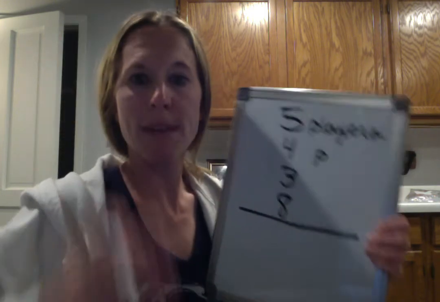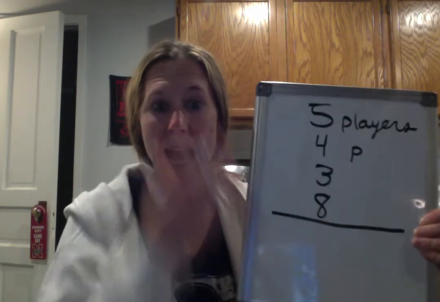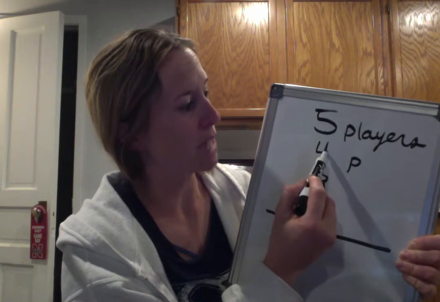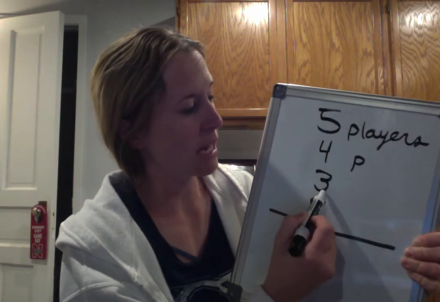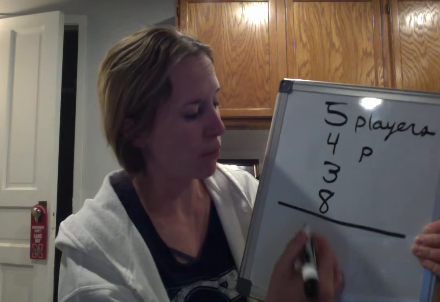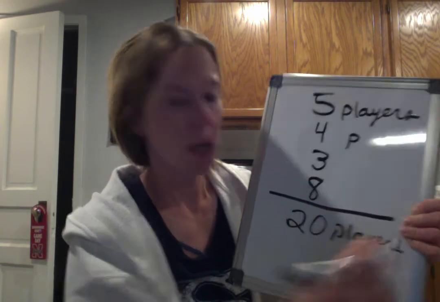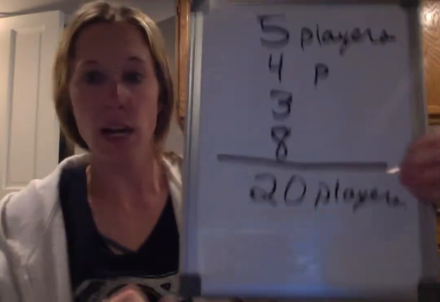So when you want to find an average, the first thing you do is find how many you have total. So we know 5 and 4 is 9. 9 and 3 is 12. 12 plus 8 is 20. So total, we have 20 players.